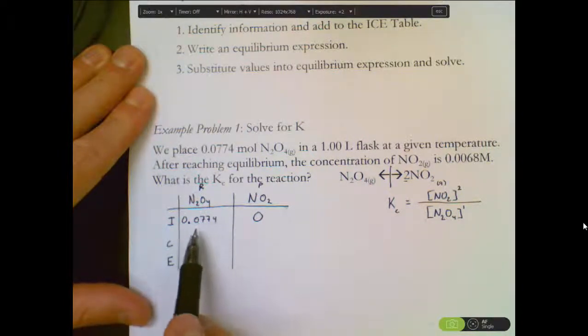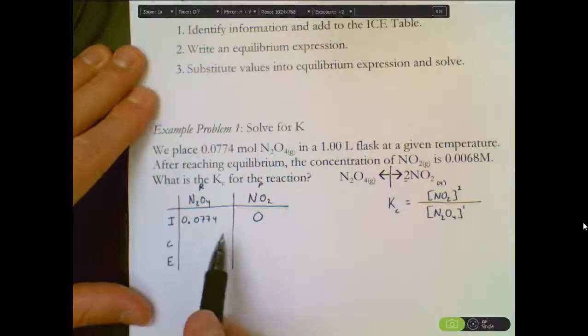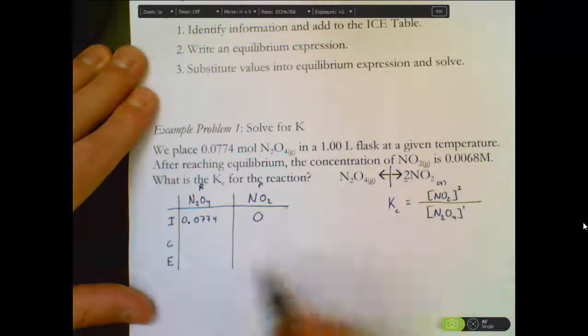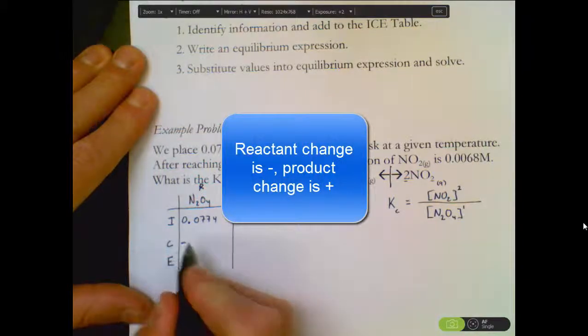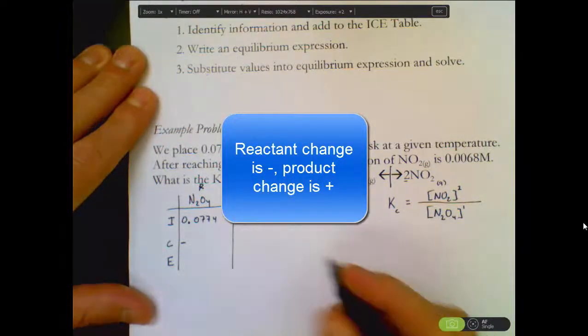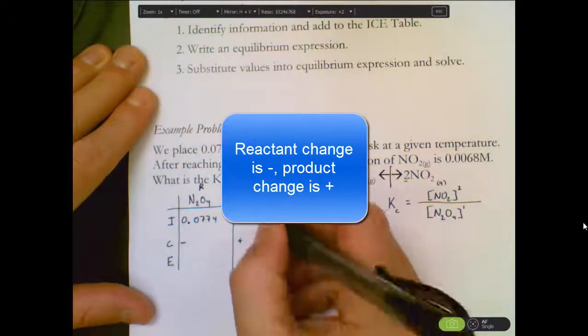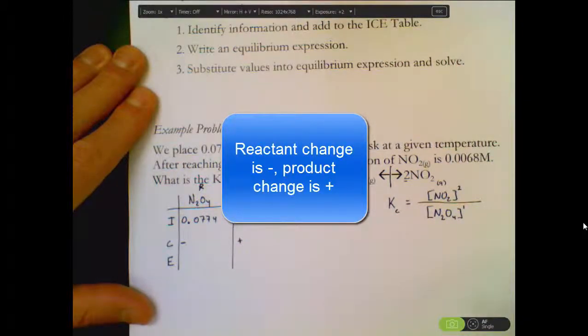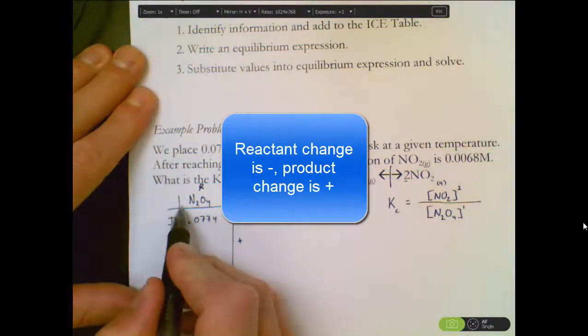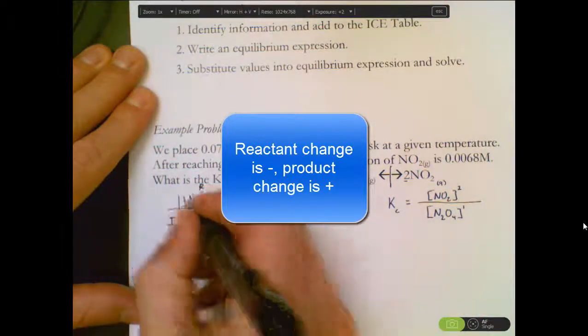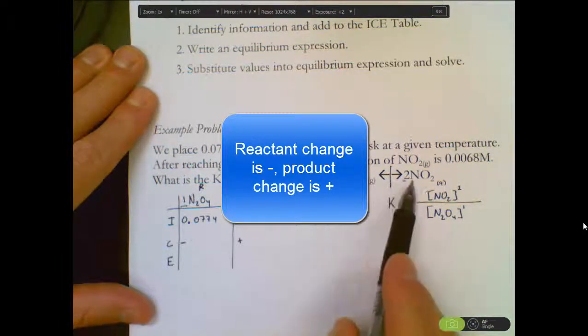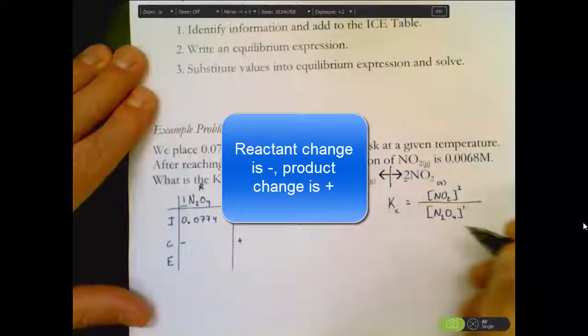So the only thing that this 0.0774 can do is decrease. That means that the change of our reactants will always be negative. The change of our products then will be positive because 0 can only increase. And then finally, I want to check my mole ratios in front of my two substances. I have 1 mole in front of the N2O4, and I have 2 moles in front of the NO2.